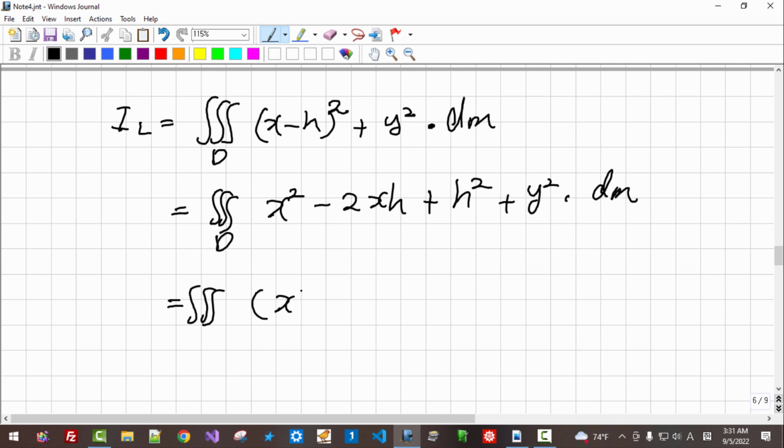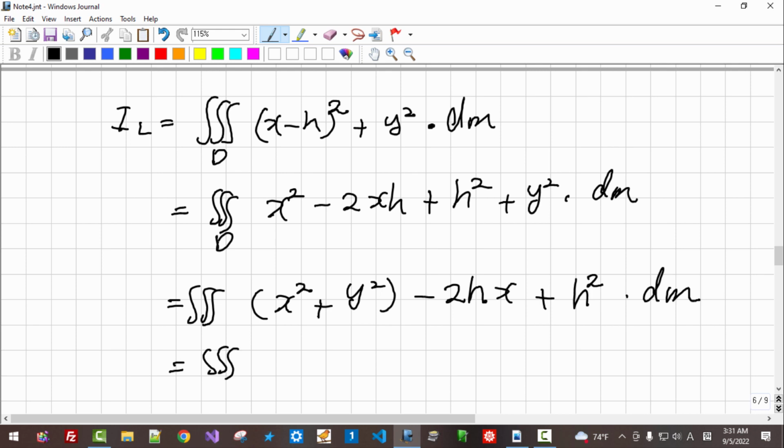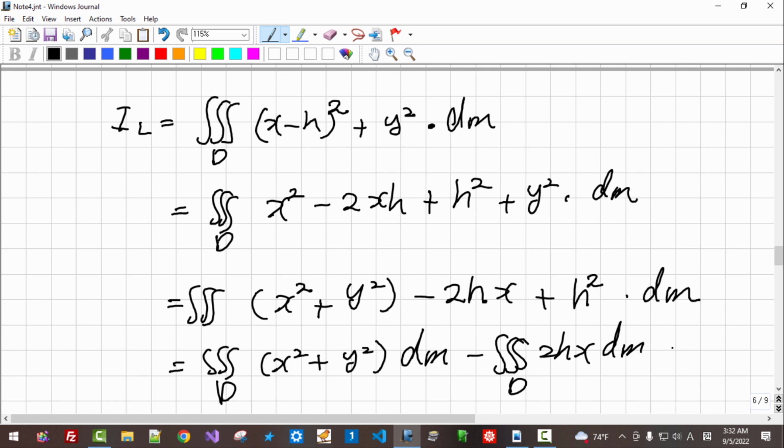Then x squared plus y squared minus 2hx plus h squared dm. Then we can expand: the integral of (x squared plus y squared) dm minus the integral of 2hx dm plus the integral of h squared dm.